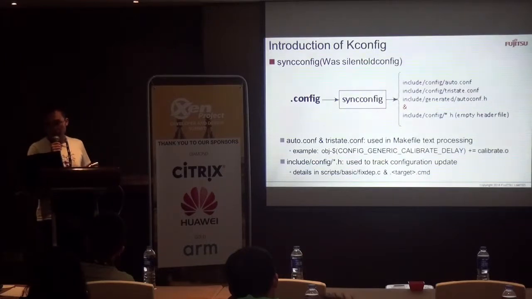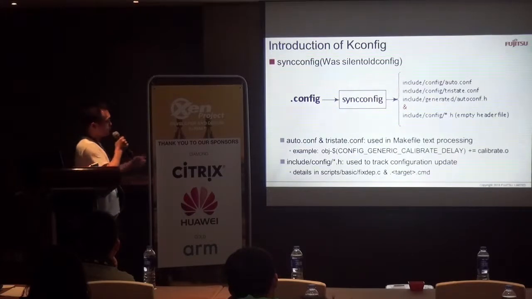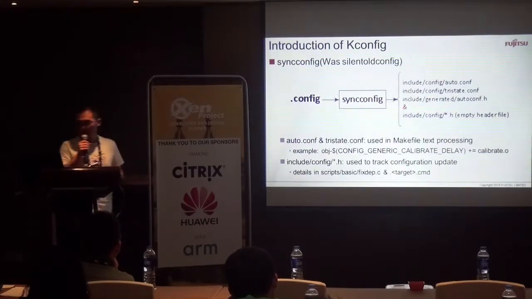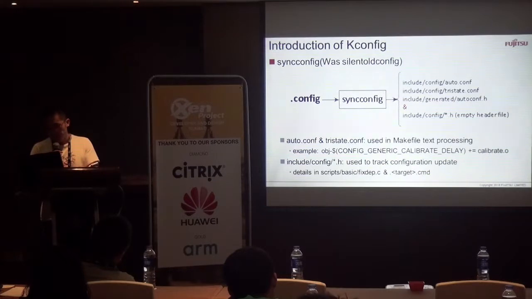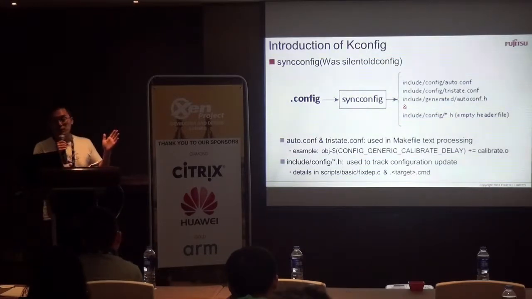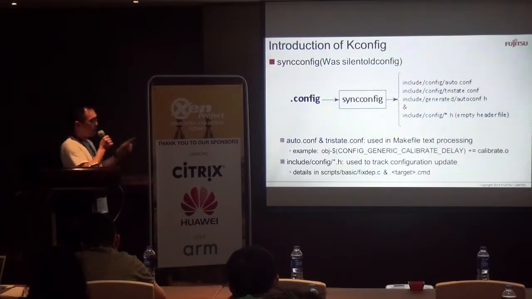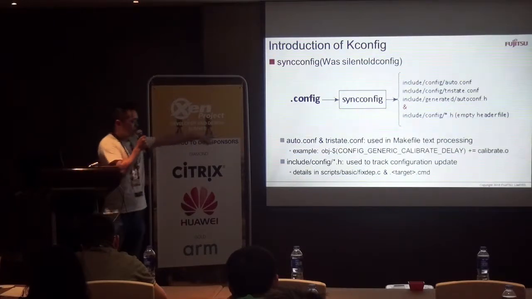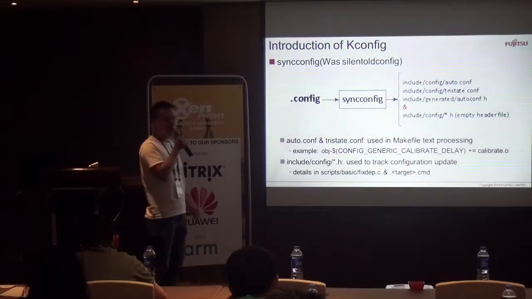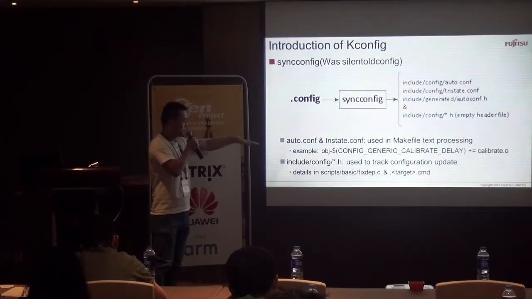Now let's see what files it generates: auto.conf and tristate.conf. These two .conf files are simplified configuration, which don't have the n value items, and they are used in makefile text processing. For example, I think maybe most of you will be familiar with this example.